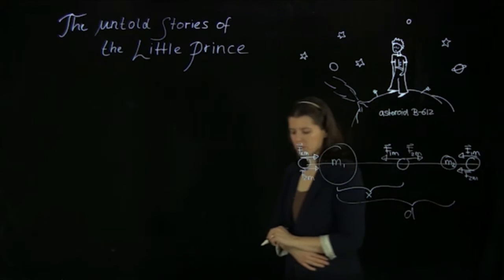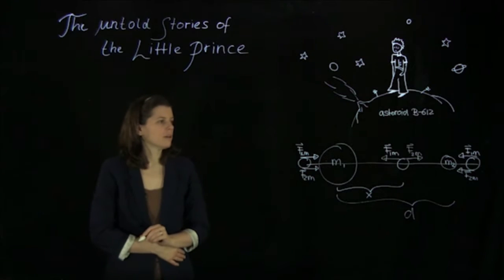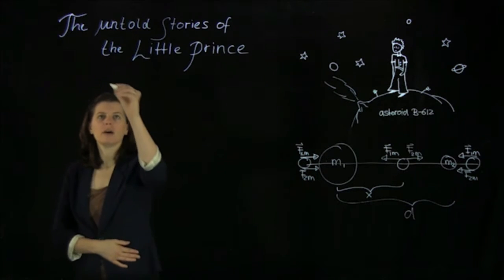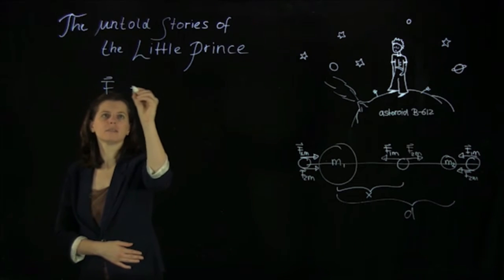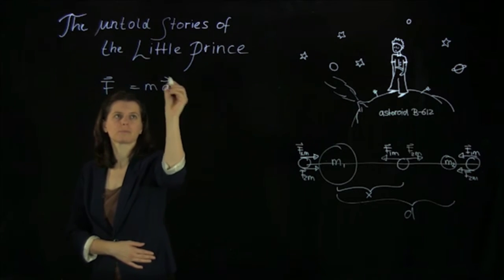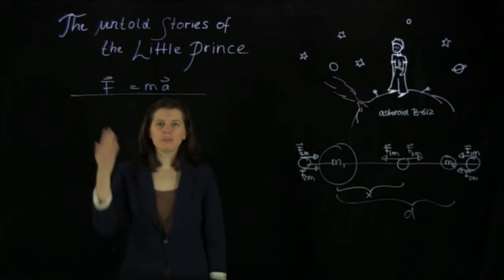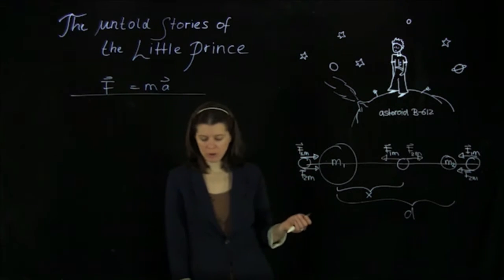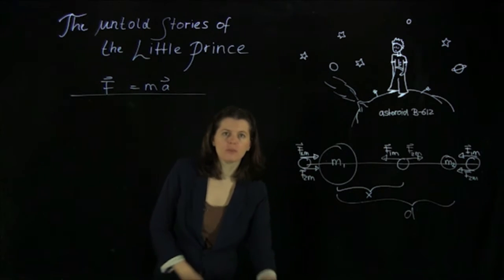All right, how are we going to go about this? Well, we have to apply the universal law of gravitation in our F equals ma analysis. Before we start with our F equals ma analysis, we actually have to pick a coordinate origin and a unit vector.